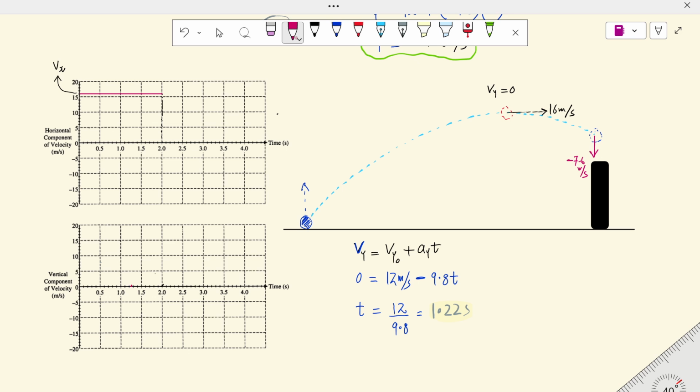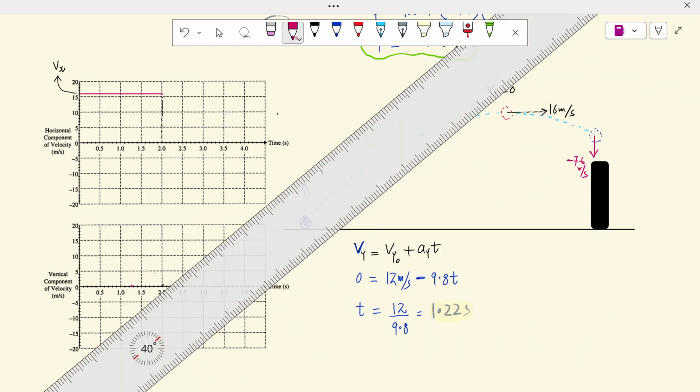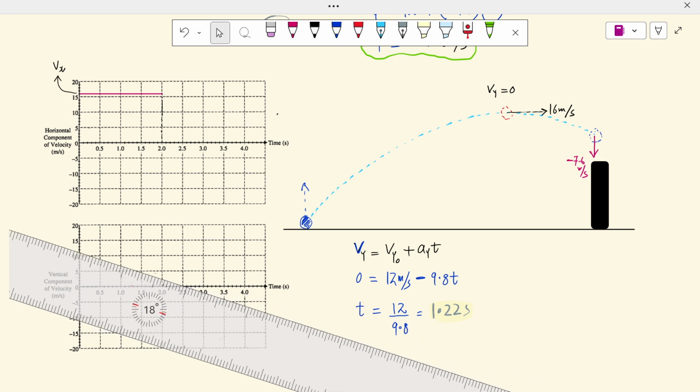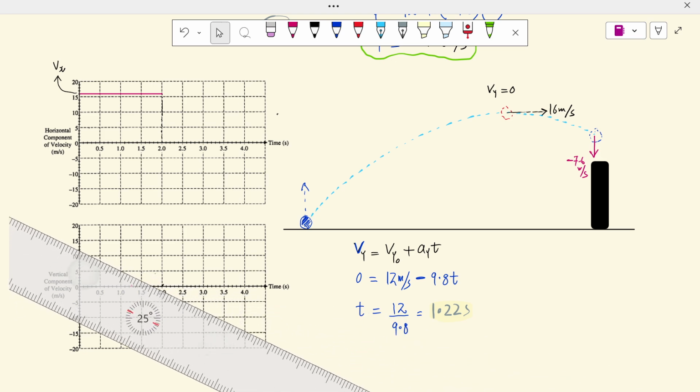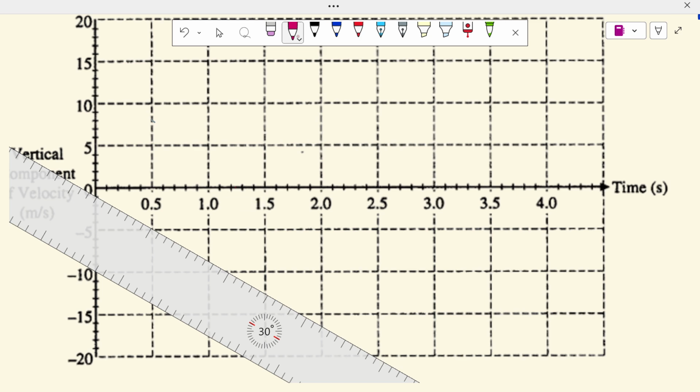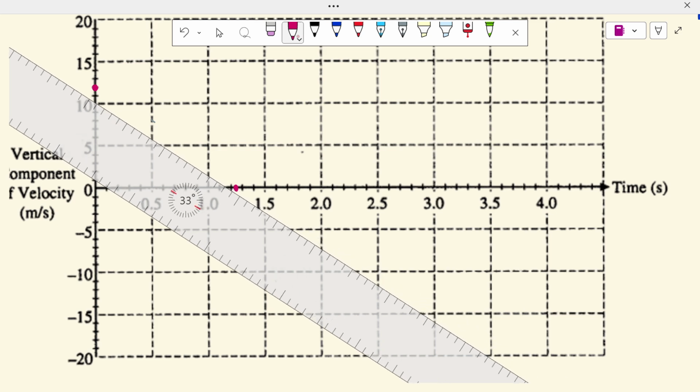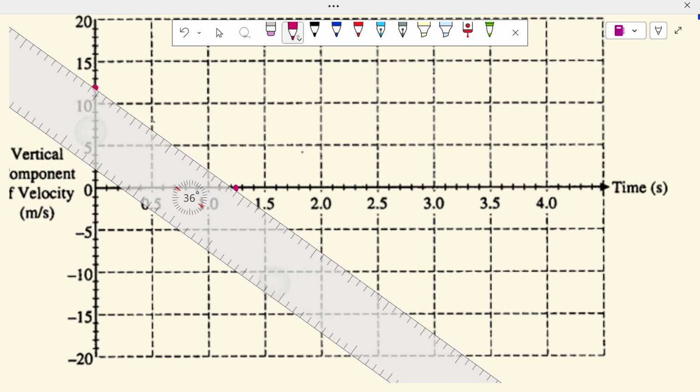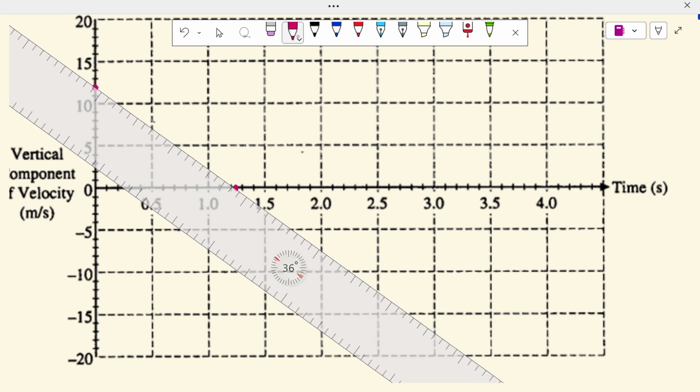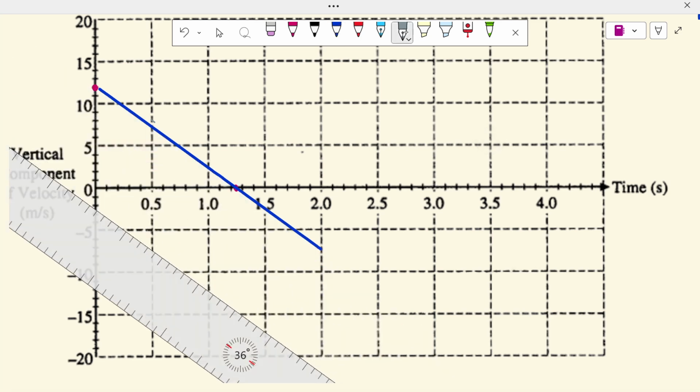So when I draw the graph, I have to take this line from here. This is a point, and this is 12 meters per second, and we will just join these 2 points. Very simple. We will join these 2 points and get the graph, and we extend this line until it reaches 2 seconds, because we know the duration of the time to reach the fence is 2 seconds.